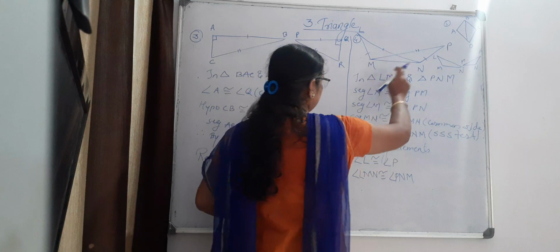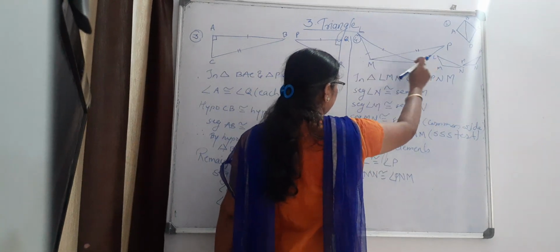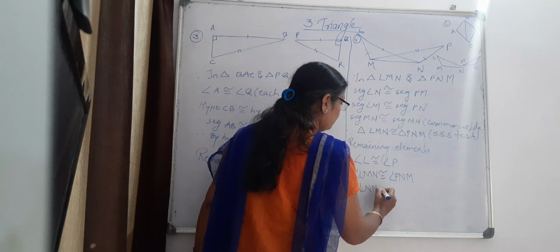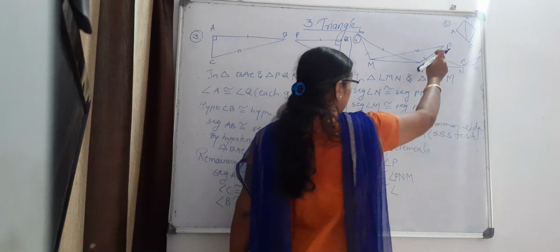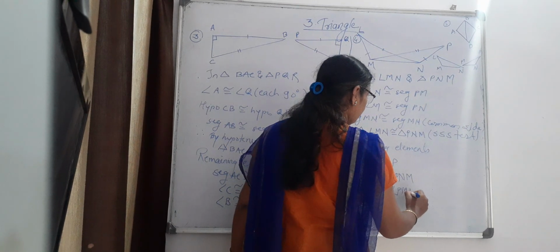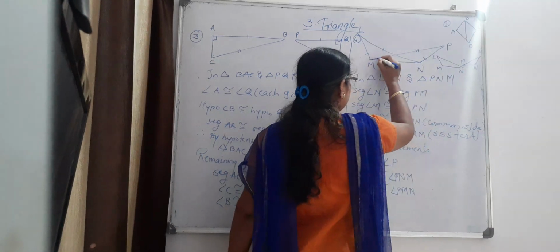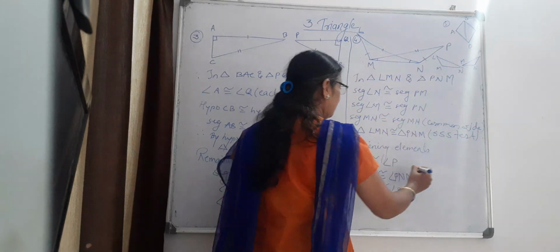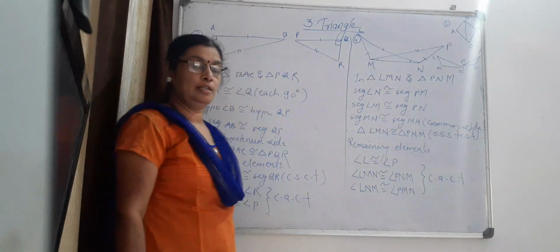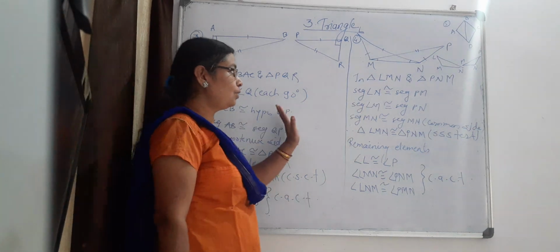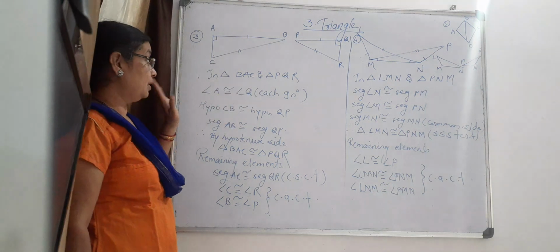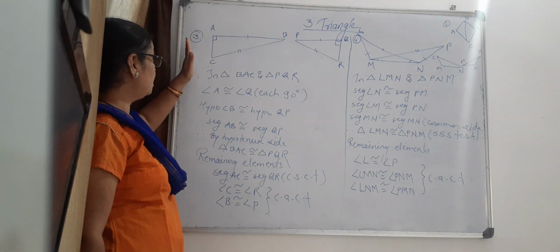And then you have to write down this angle, angle LNM is congruent to angle PMN. This angle you have to take. And what is the reason? CACT, corresponding angles of congruent triangles. This way you have to write down both the solutions. Now see here third and fourth.